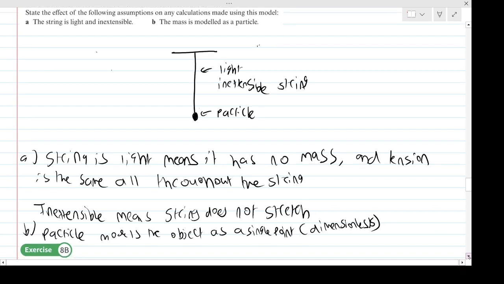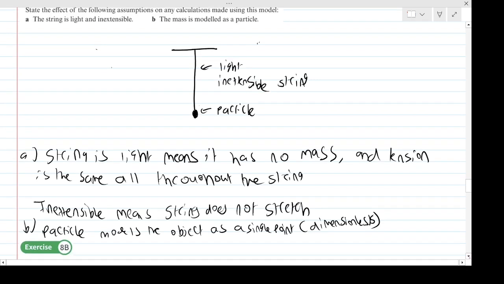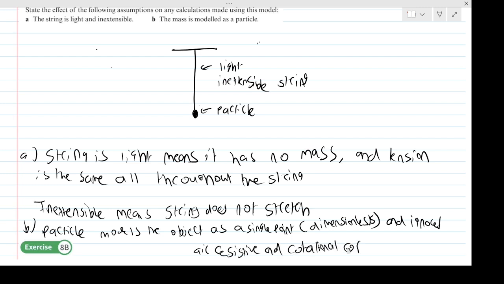And also, what that means is we can ignore air resistance and rotational forces acted upon the particle.